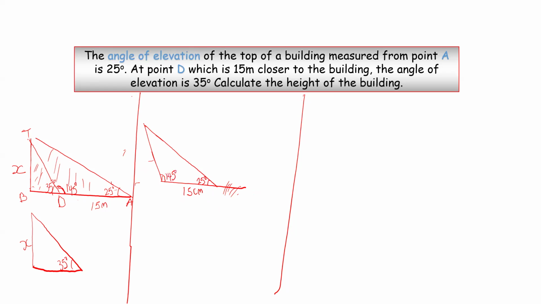Good. And if we have 145 degrees here, remember sum of angle in a triangle is 180 degrees. So the 145 plus 25 is 170, 180 minus 170 is 10. So here is 10 degrees. And we actually want this side.